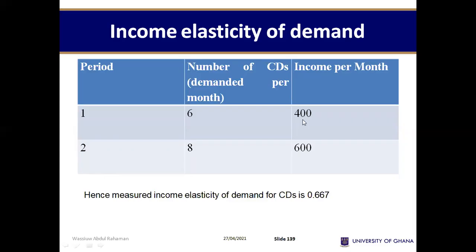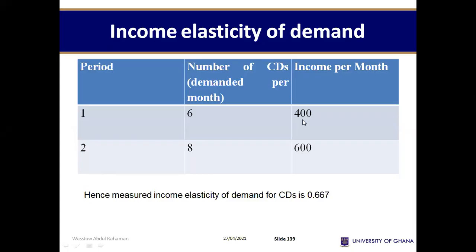If it is positive but less than 1, then the commodity is a necessity. Positive greater than 1, then the commodity is a luxury. Right, Samuel? So positive less than 1, the commodity is a necessity. Positive greater than 1, the commodity is a luxury.